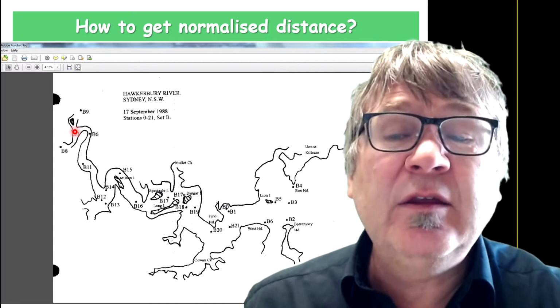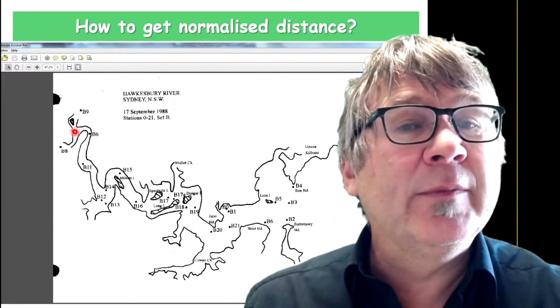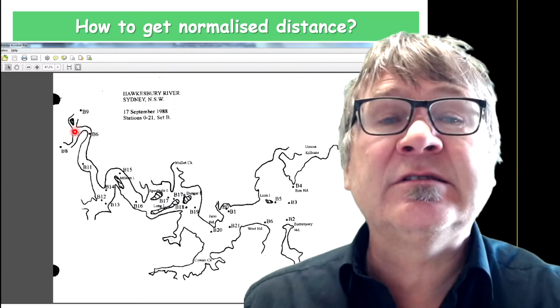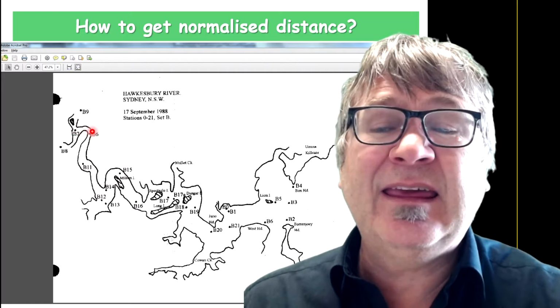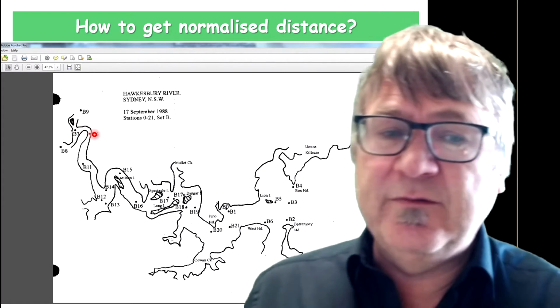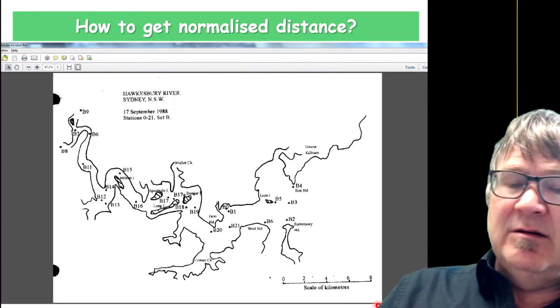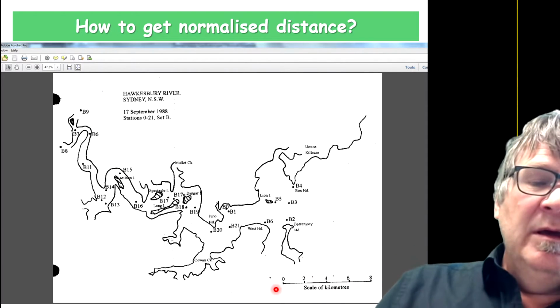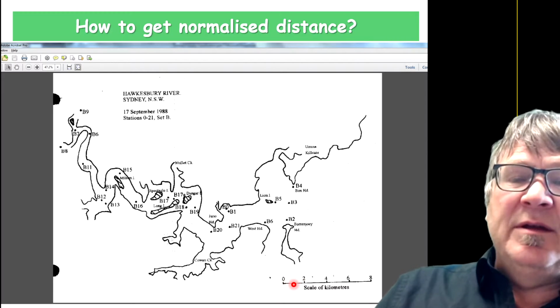Then you work out what the distance in kilometers is to the next station, which is B6. How do you work that out? Well, you can see there's a scale in this graph, and one interval is 2 kilometers.